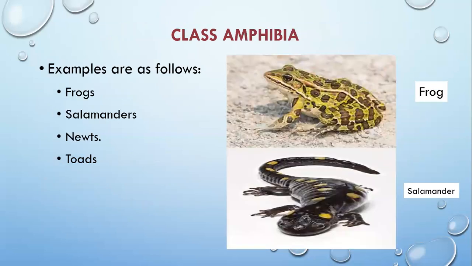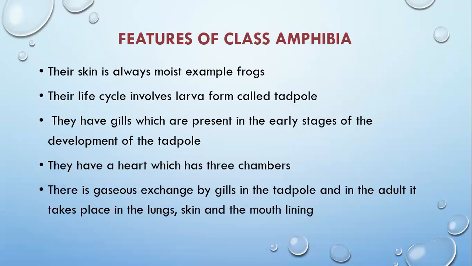The other class is class Amphibia. This class consists of the amphibians. Examples are frogs, salamanders, newts, and toads. These are just a few of the examples of amphibians. Their general features are as follows. First, their skin is moist, for example in frogs. Their life cycle involves a larval form called the tadpole.